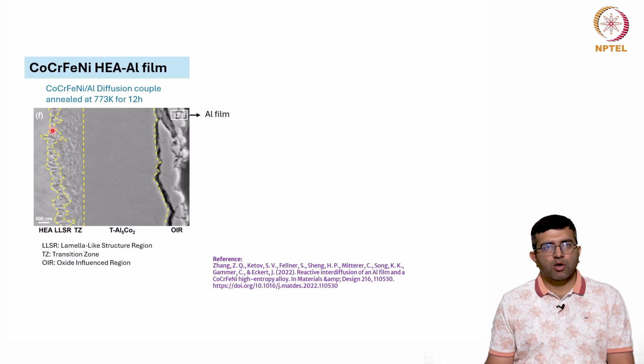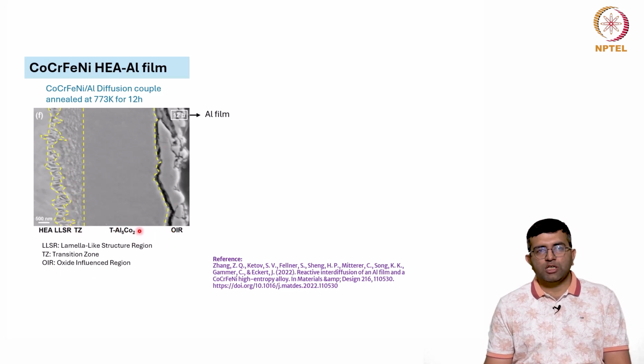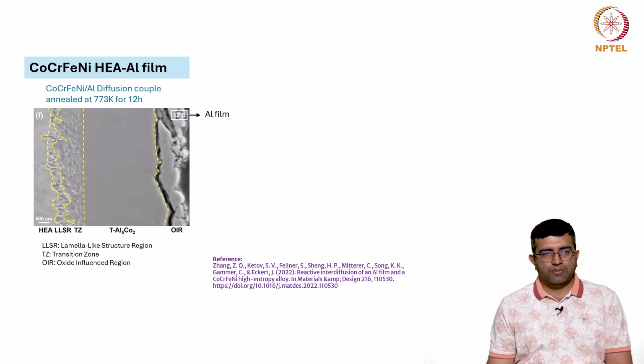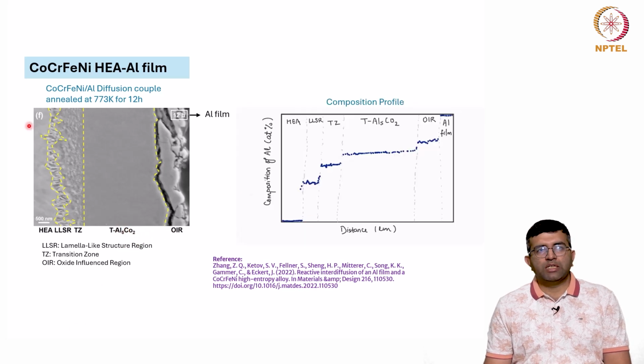You have a region which is a lamella like structure, then a transition zone, then an oxide influenced region, then an Al5Co2 type of phase. Based on this, the composition is obtained like this.